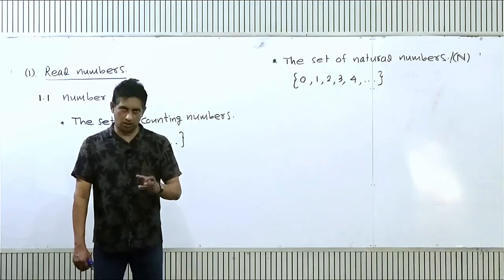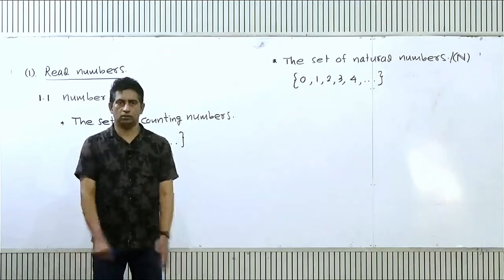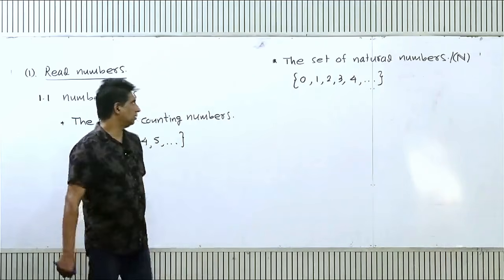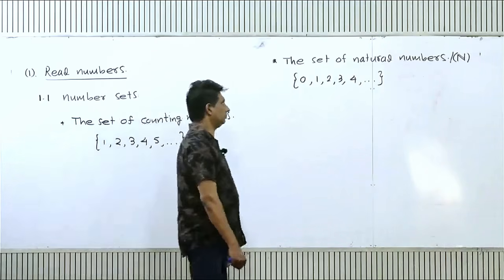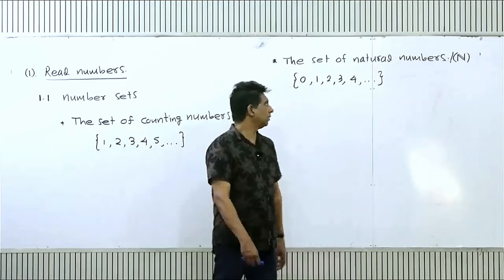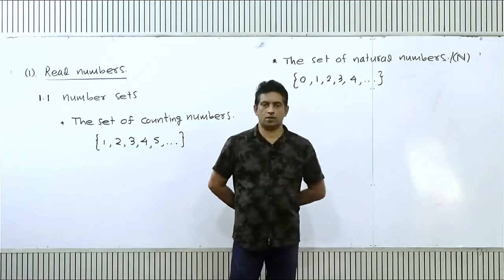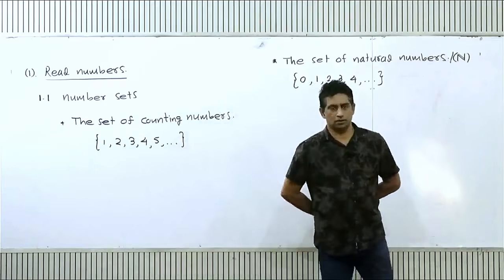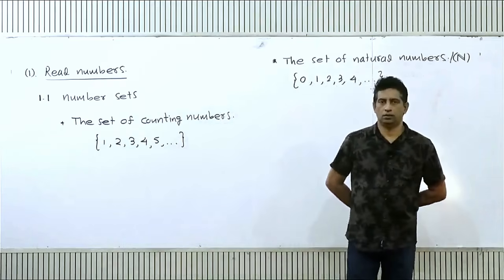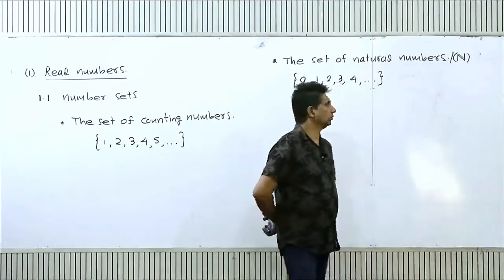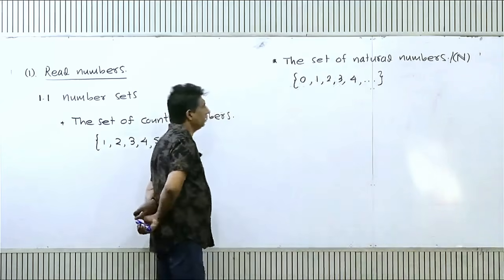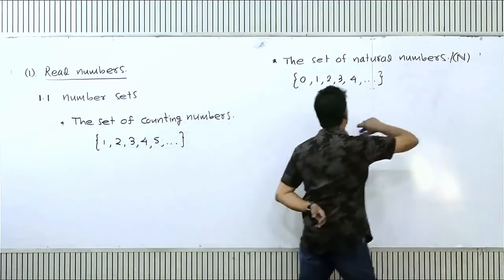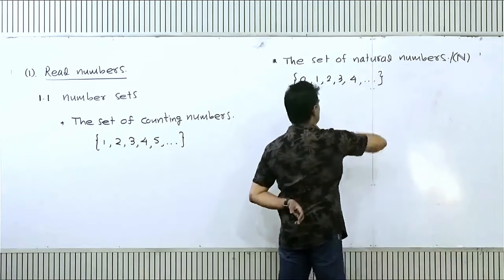This number set is called the set of natural numbers. Right. Now write this notation N, then write this set.